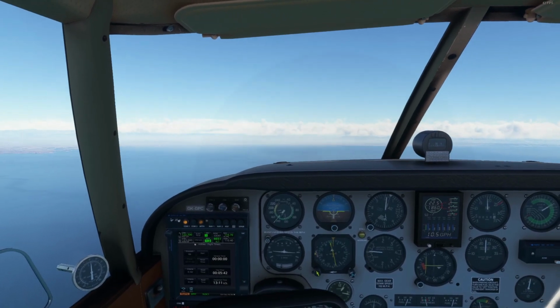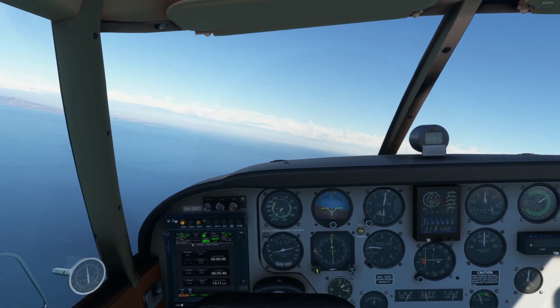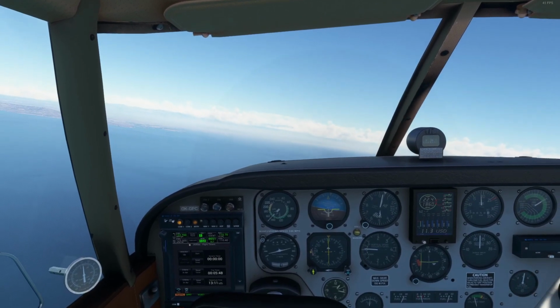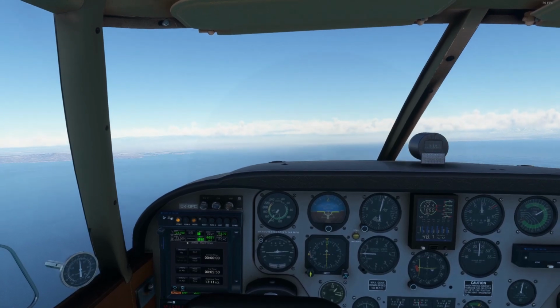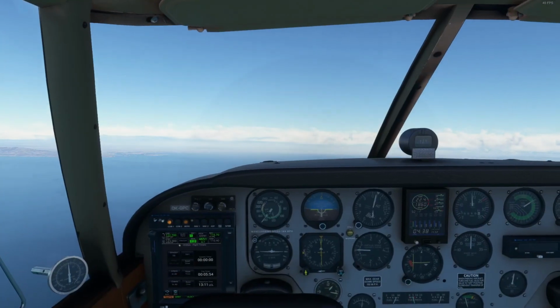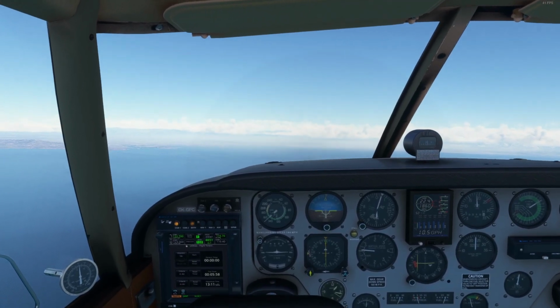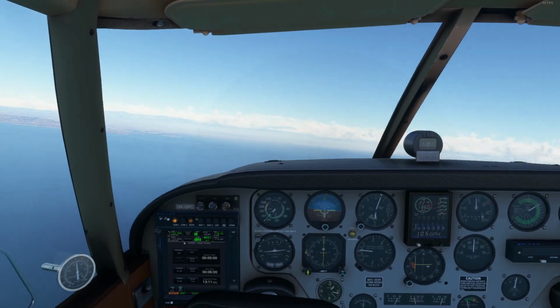It's a bit bumpy today. Catalina traffic, Cardiac 36 Foxtrot, turning right downwind, runway 22, Catalina.